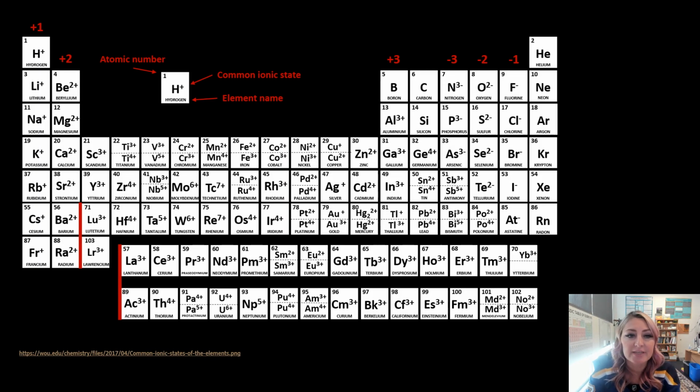So this periodic table just gives us an idea of what all the charges are. It would be absolutely positively insane for you to memorize every single one of these. But I do want to point out some patterns that we see in the periodic table. For example, all of group 1 are going to have a +1 charge. All of your group 2 have a +2 charge.